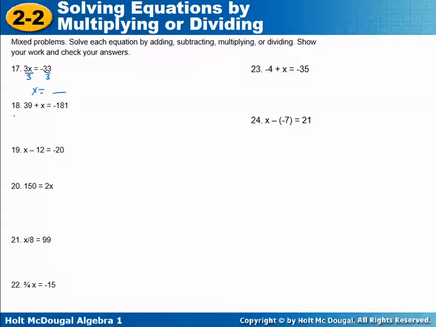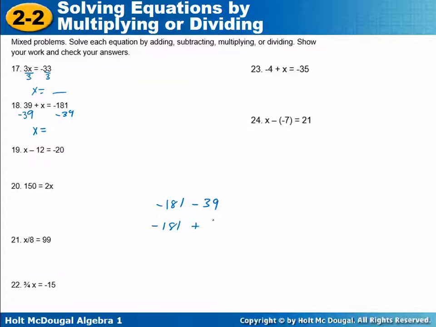In number 18, we have x as our variable. All of these variables are x. And I'm adding 39. So the opposite of adding 39 would be to subtract 39. Notice that this is negative 181 minus 39. So make sure that you solve this correctly, remembering that if they're both negative, let me write this as adding the opposite.